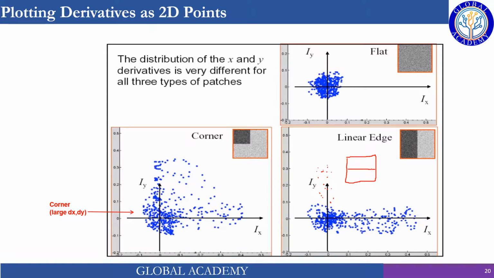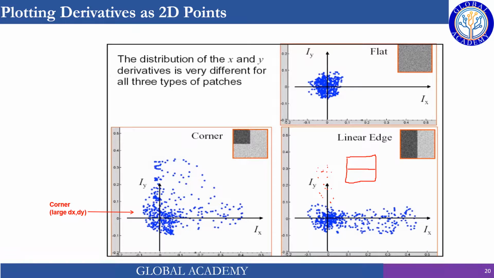In case of a linear edge along the x-axis, we will get bigger values of derivative iy along the y-axis and smaller values along ix. But this plot is for a linear edge along the y-axis, so we got greater values of ix.